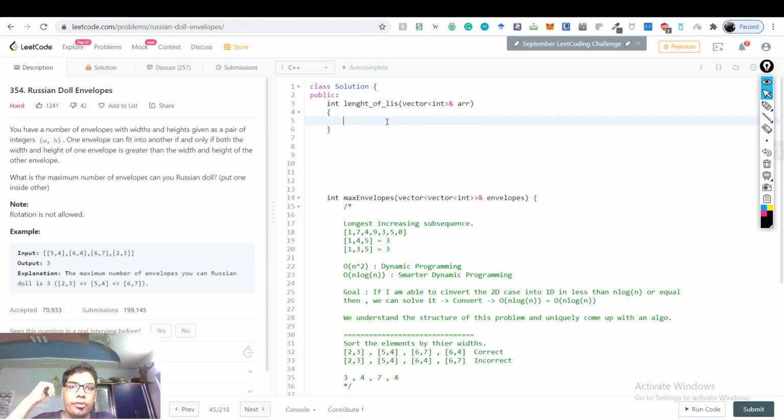Now if you know the logic of this, it's actually a pretty straightforward algorithm, but I'll very quickly go through the logic with you. So let's say you have a few examples in front of me. Let's say you have these elements. Let's write them down.